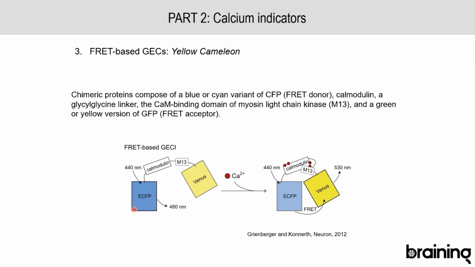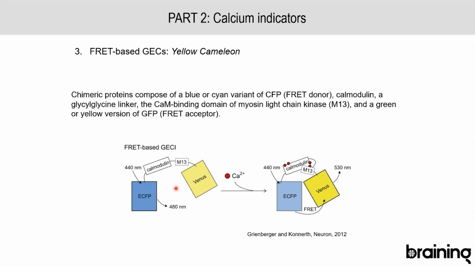This protein will emit a photon that will stimulate the FRET acceptor if they are close to each other, because if they are not close enough, this Venus will not be excited, and we will not have an emission photon that will be recorded by our system.